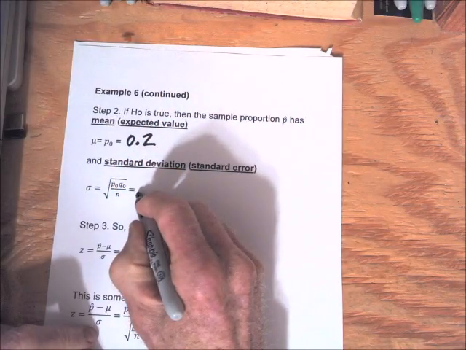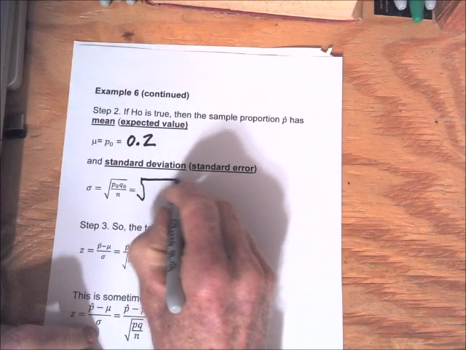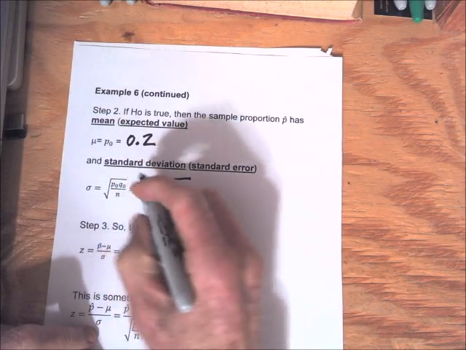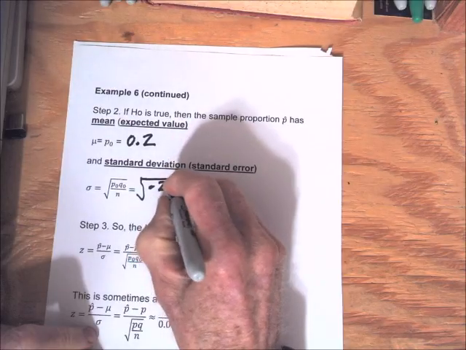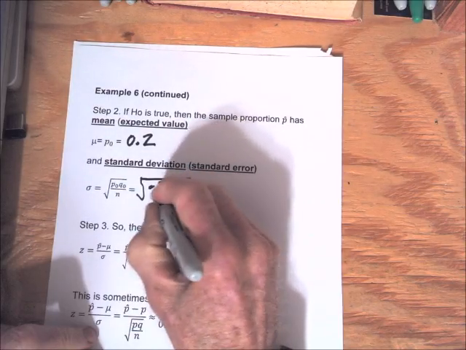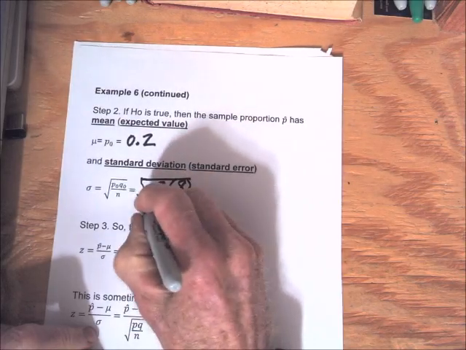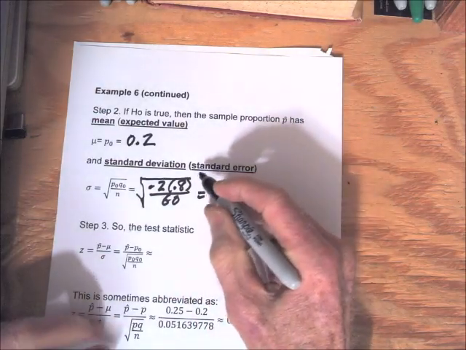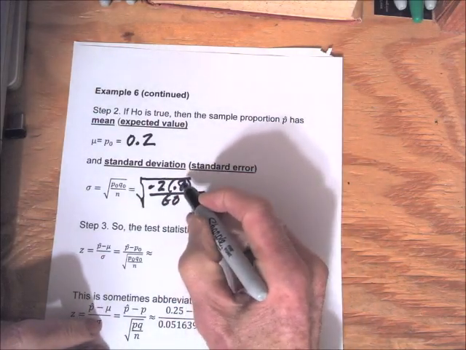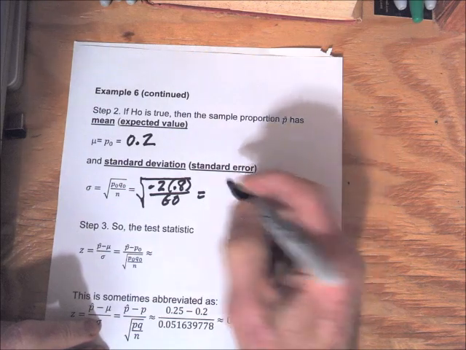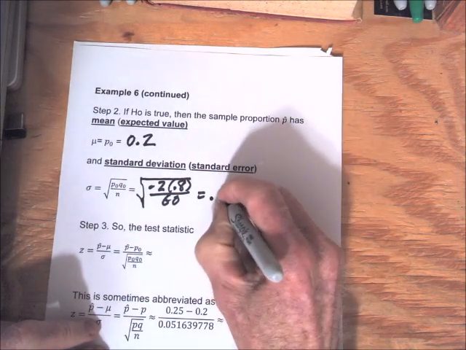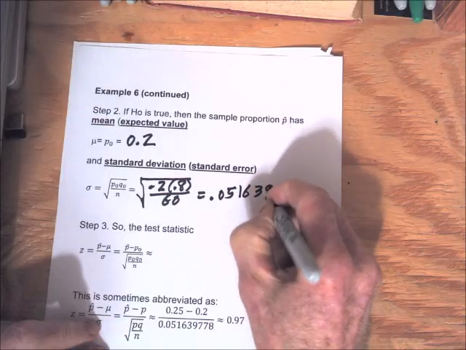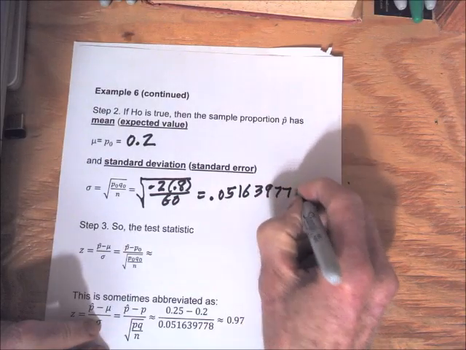And then the standard deviation of p hat is the square root of p0 times q0 over n, so it's 0.2 times 0.8 divided by 60. On the calculator, do the square root of 0.2 times 0.8 divided by 60, and that comes out to approximately 0.0516397778.